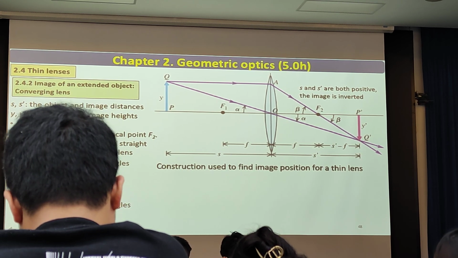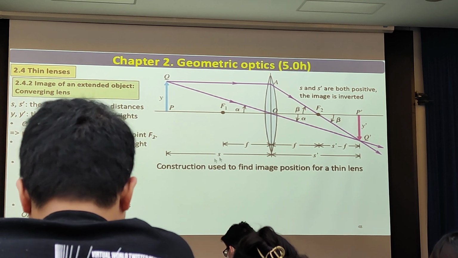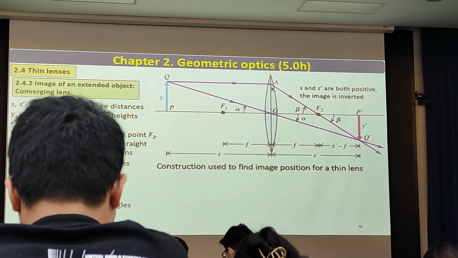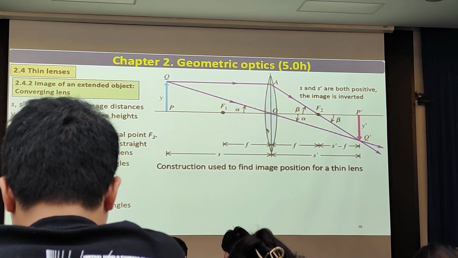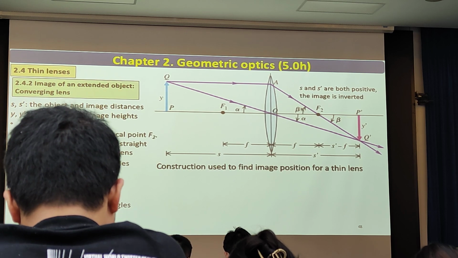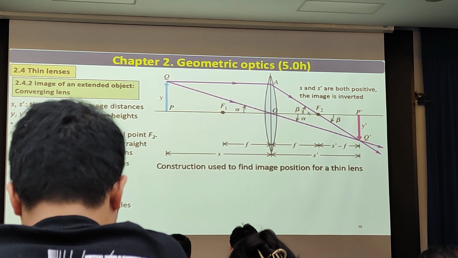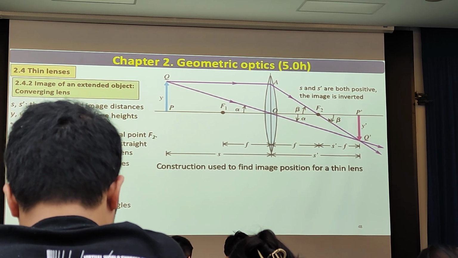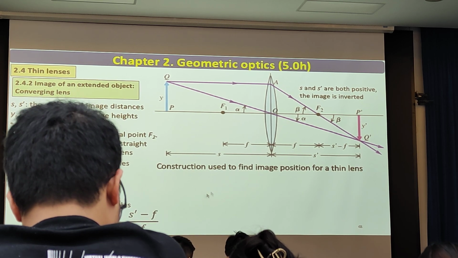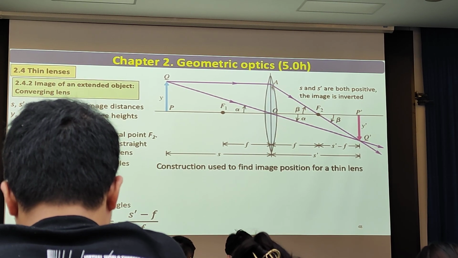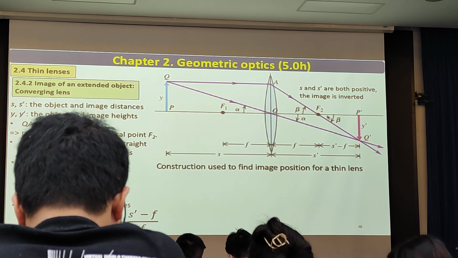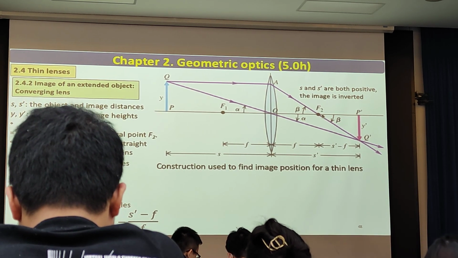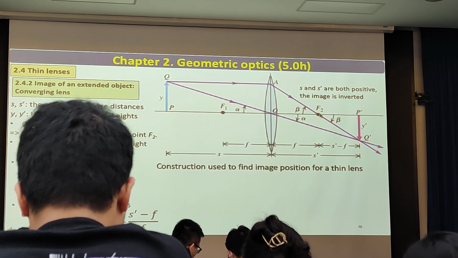And now consider the similar triangles OAF2 and P prime Q prime F2, these two. So this couple of triangles has the same angle here at F2, which is beta. So you get Y prime over Y equals the distance P prime F2 divided by F2O.